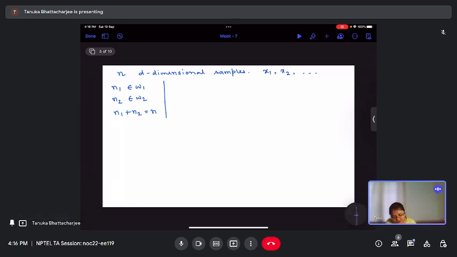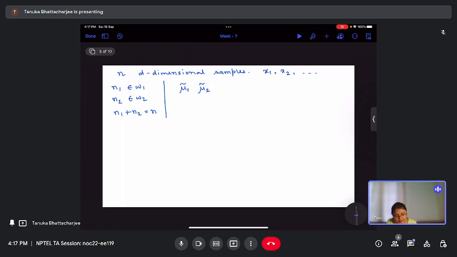So basically, let's say mu1 hat and mu2 hat are the means of the two classes in the projected space. Let me clarify it even more. Initially you have the d-dimensional samples x1, x2, like that, n samples. Among them n1 is in one class, n2 is in the other class.